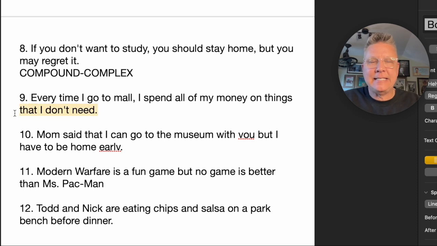That makes this a dependent clause, which all of a sudden now we have the trigger. This is at least a complex sentence. I spend all of my money, prepositional phrase, on things, prepositional phrase. So here you have an independent clause, simple sentence. So this right now is a complex sentence. Now what do I got to do with this? I go is a subject verb, to the mall.